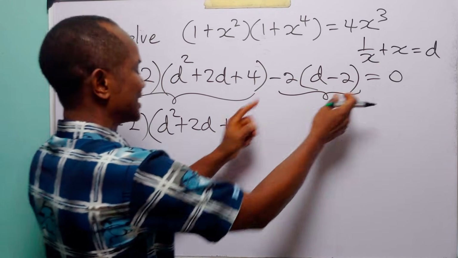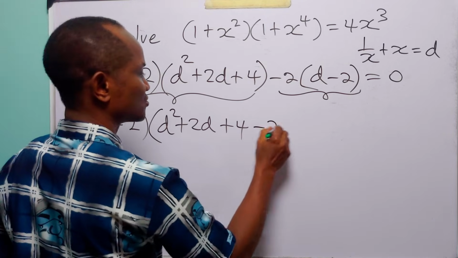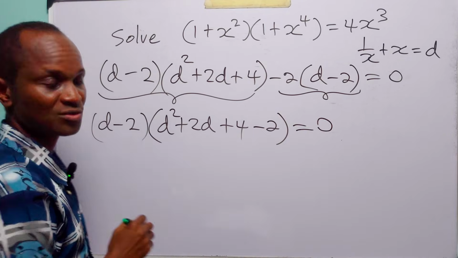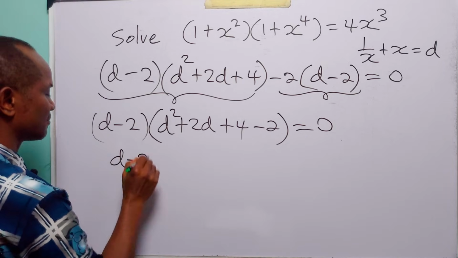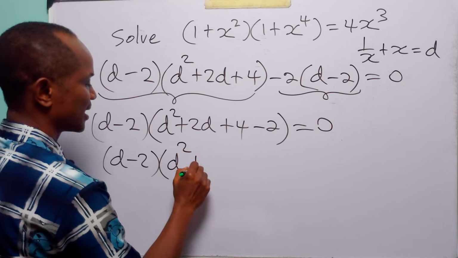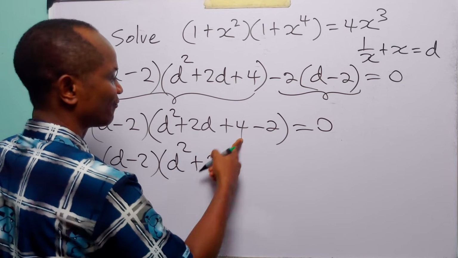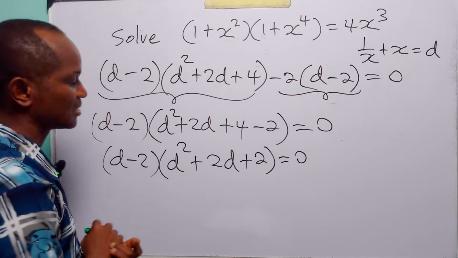And this divided by d minus 2 is going to leave us with minus 2. And of course, this is equal to 0. Now, of course, from here we have (d minus 2) multiplied by (d squared plus 2d plus 4 minus 2, which is 2), and this is equal to 0.